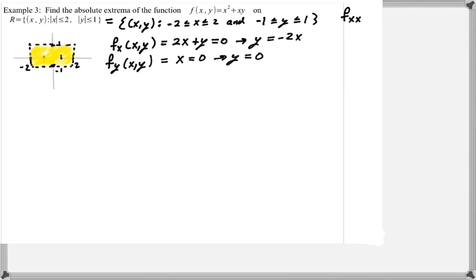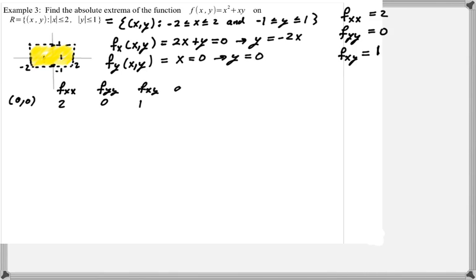So this is the previous method, where you look at the second partial with respect to x, which is going to be 2, the second partial with respect to y, which is going to be 0, and the mixed partial, which is going to be 1. So we look at 0, 0, evaluated at the second partial with respect to x is 2, the second partial with respect to y is 0, and the mixed partial at 0, 0 is going to be 1.